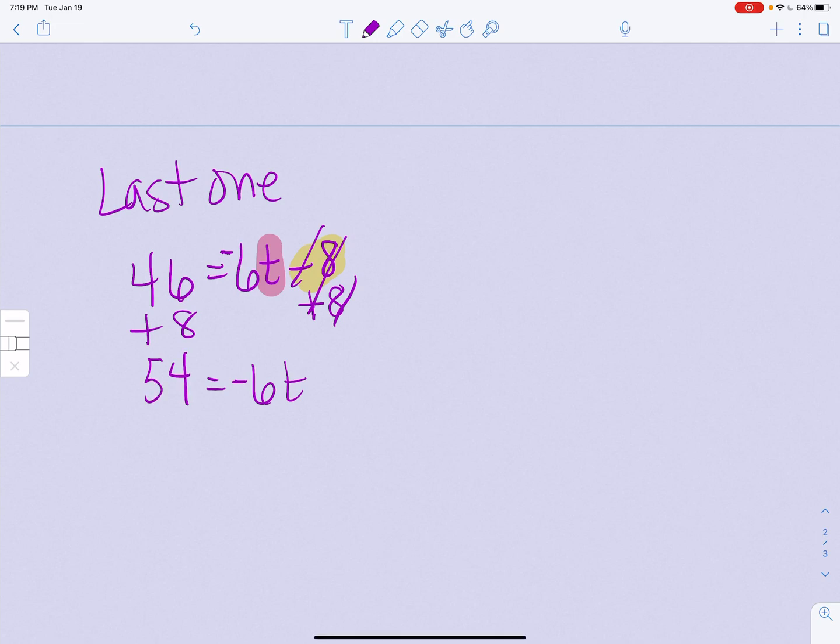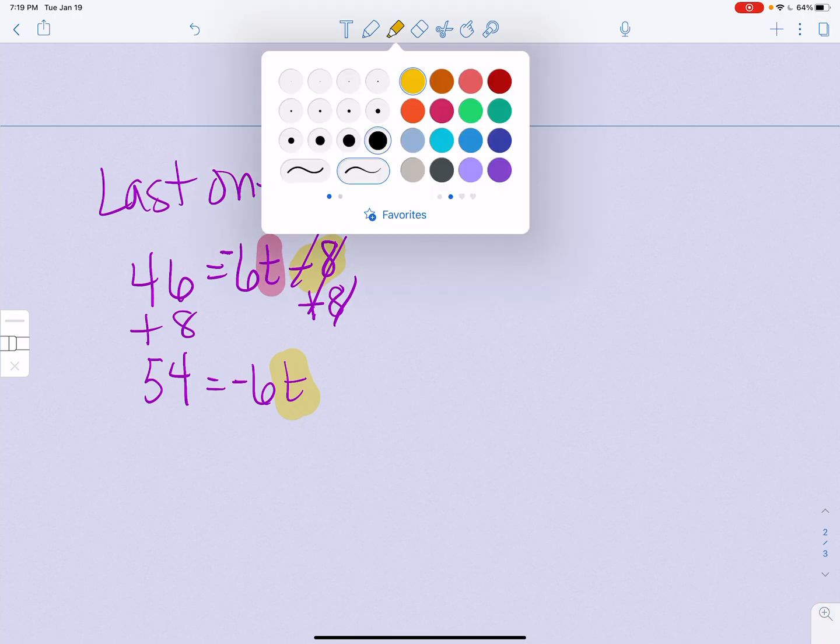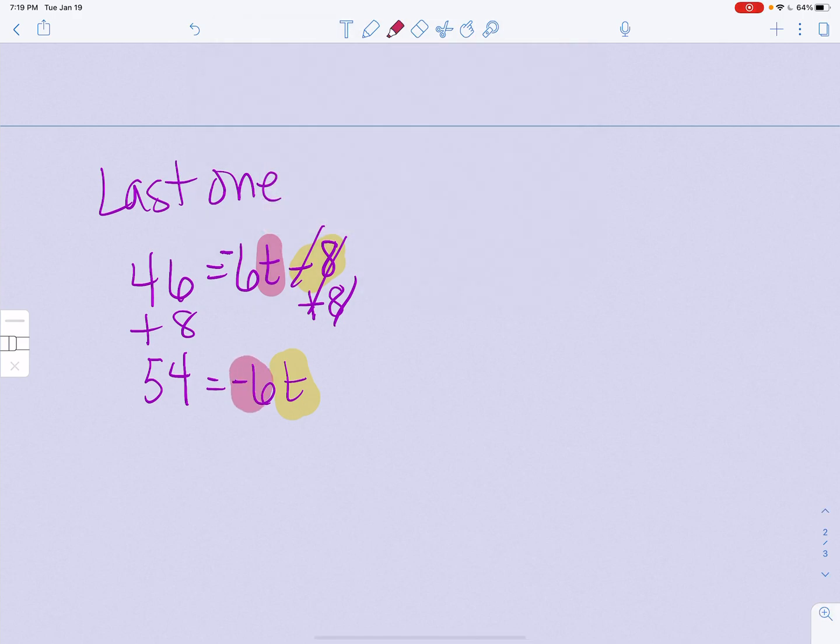All right. Our goal is still to isolate this t. So that means I need to divide, which is the inverse. I'm going to divide by negative 6. That leaves this gone. This side is left with t equals 54 divided by negative 6. Well, 54 divided by 6 is 9.